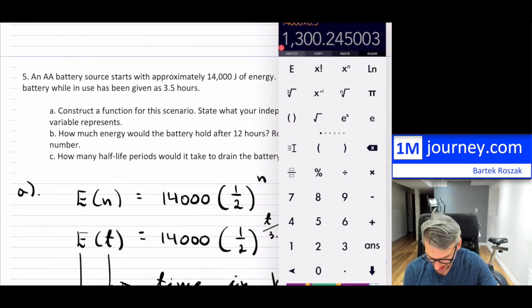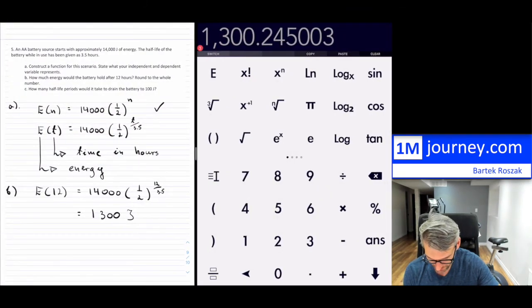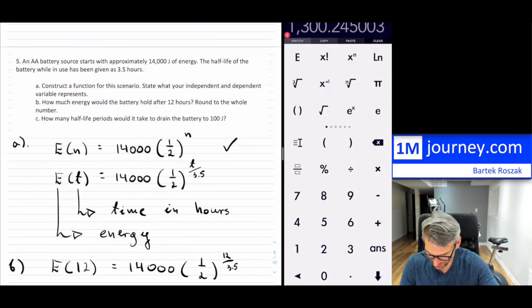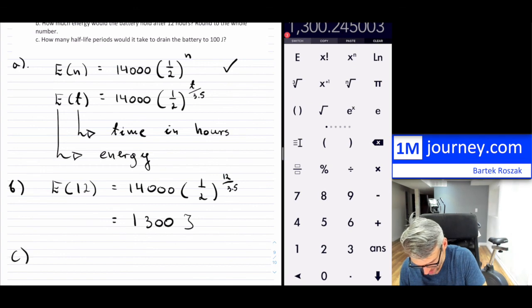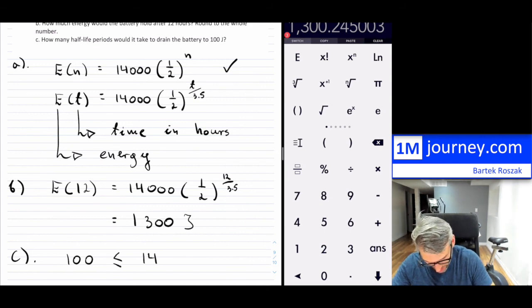Now, how many half-life periods would it take to drain the battery to 100 joules? Ooh, that's interesting. Okay, let's try to graph that so that we can see it. Because what they're asking us is about 100 joules, or less, where we're starting from.